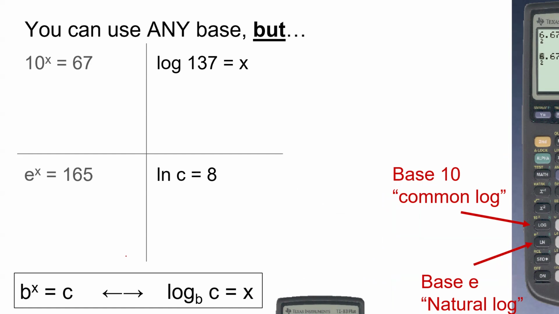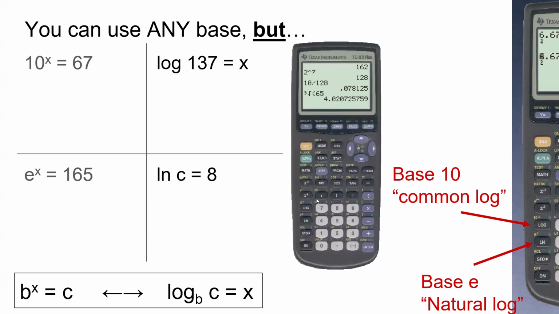You can use any base you want. Base 6, base 2, base 4, base 17. Anything that you want to raise to a power works. But your calculator only has two bases on it. It's got base 10 and it's got base E. Base 10 is called the common log. Base E is the natural log. And here on the calculator, you can see that 10 to the x, that would be my base 10 exponential equation.